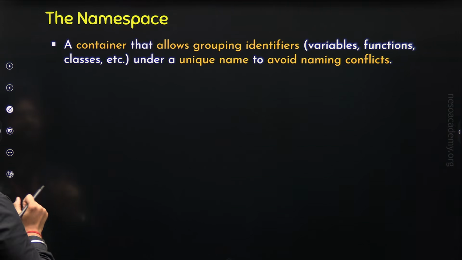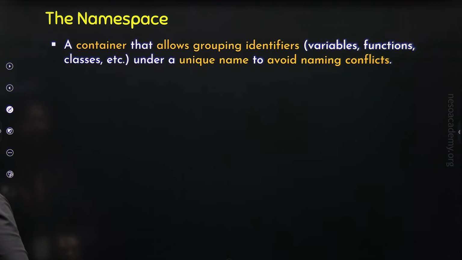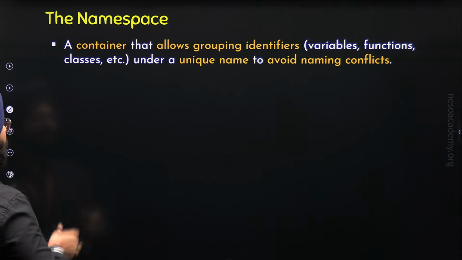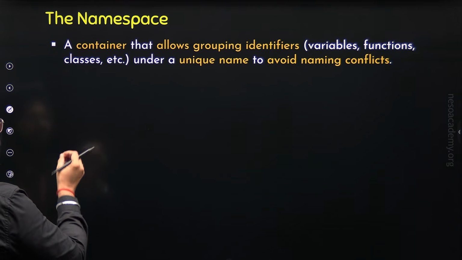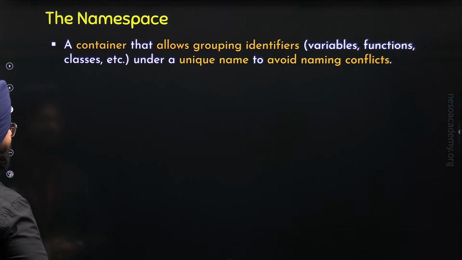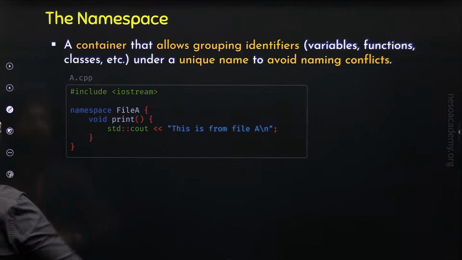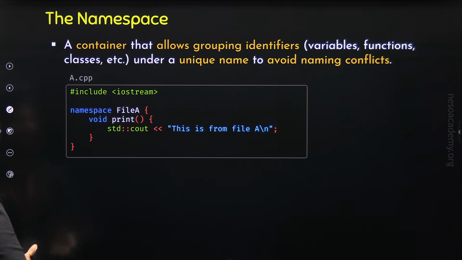To understand this even better, let's consider the a.cpp file and b.cpp file. We will modify those files, and this time we will include namespaces. Here is the a.cpp file. This is the modified file.